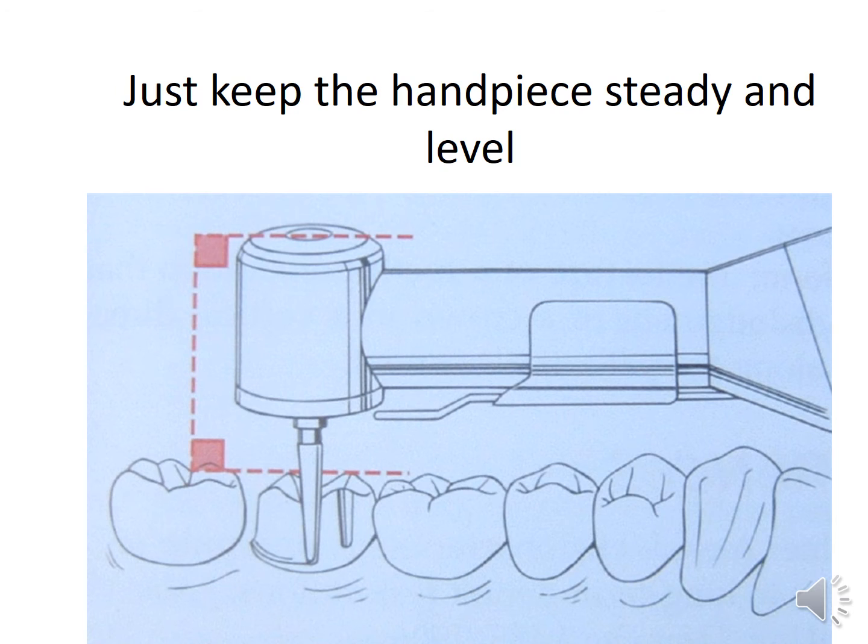The head of the handpiece is representing the bur. If I can't see the bur in the posterior area, I can just see the head of the handpiece, which represents the bur.